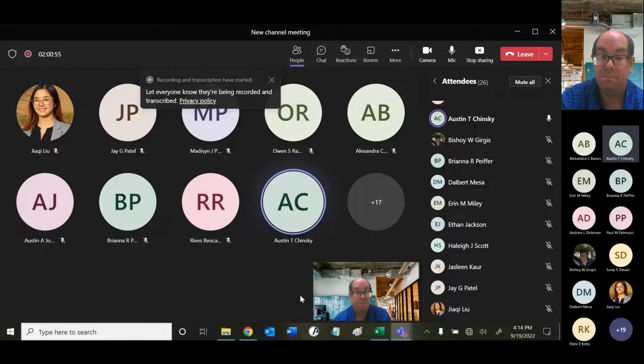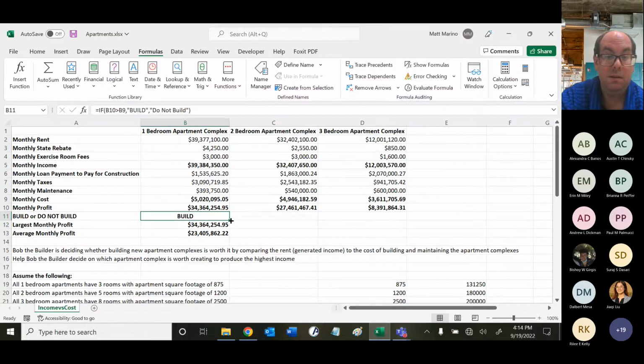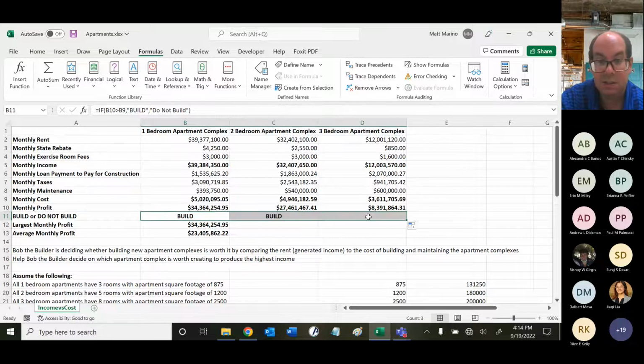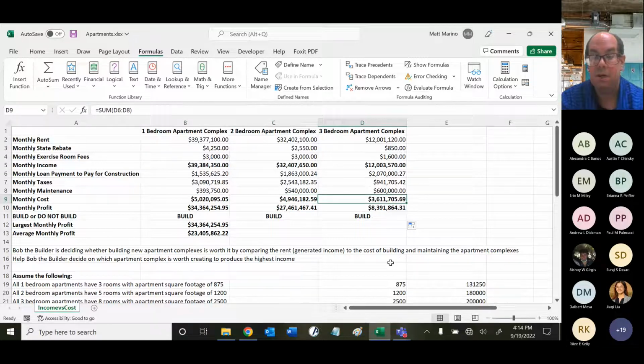Oh yeah, I'm pretty sure it did actually. So when you autofill over, I think all of them should say build. Because in every case, the profit is more than the cost. 34 million is more than 5 million. 27 million is more than 4 million. 8 million is more than 3 million, right?